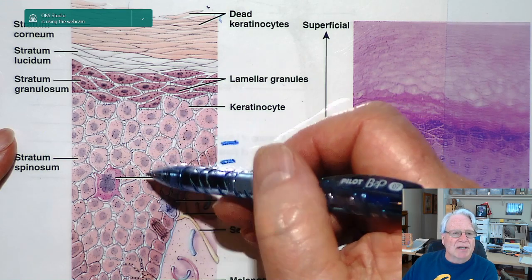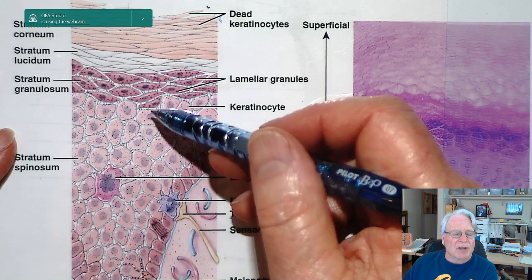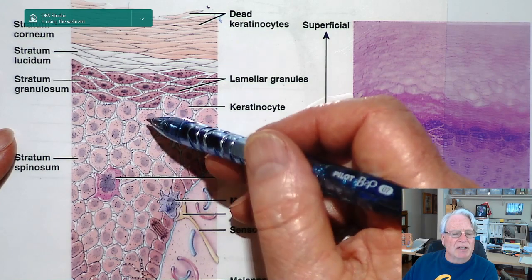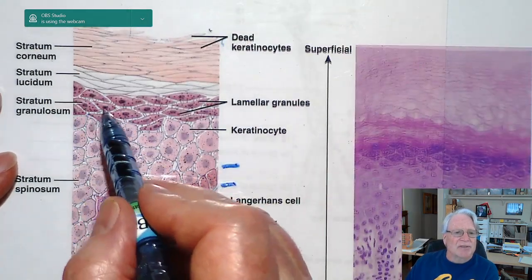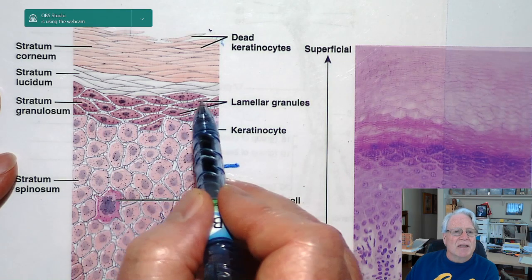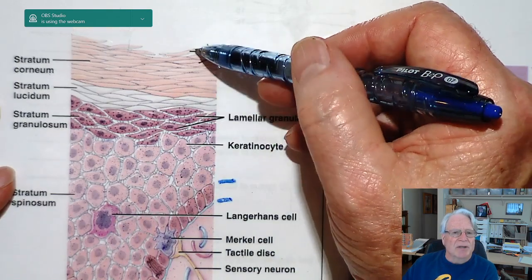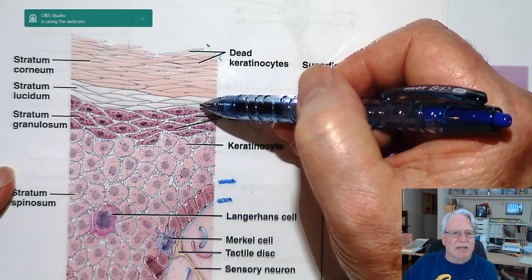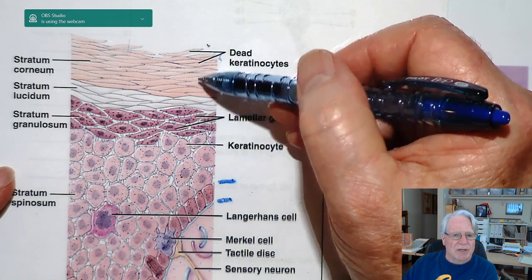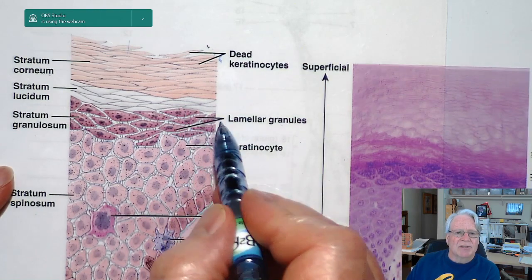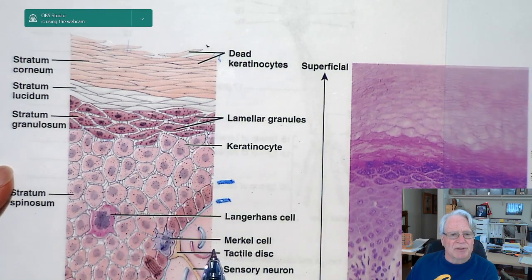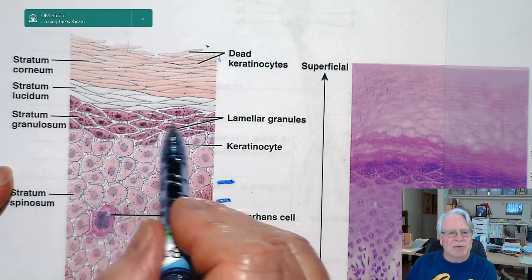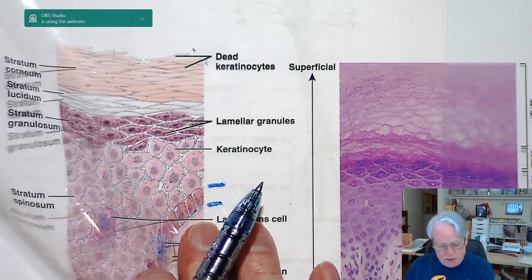They're building things. They're involved in a bunch of metabolic activities. This layer of cell is beginning to die. These cell layers up here are dead. So that's the boundary between living tissue and dead tissue up here. And you can see, as I said, the laminar granules there in that layer. And keratin is being organized within this region too.